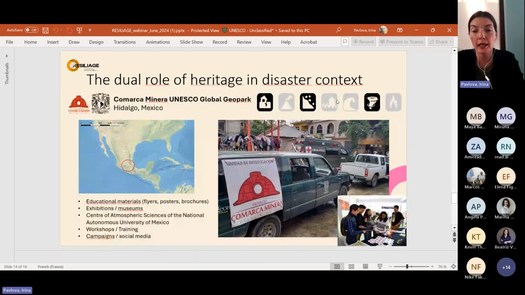Another beautiful way is when site managers are actively contributing to community activities and are themselves community leaders. Here we are in Mexico, in Comarca Minera UNESCO Global Geopark, and site managers have geological backgrounds and are leading multiple educational and awareness activities, organizing trainings, lectures, and exhibitions for communities and for tourists.